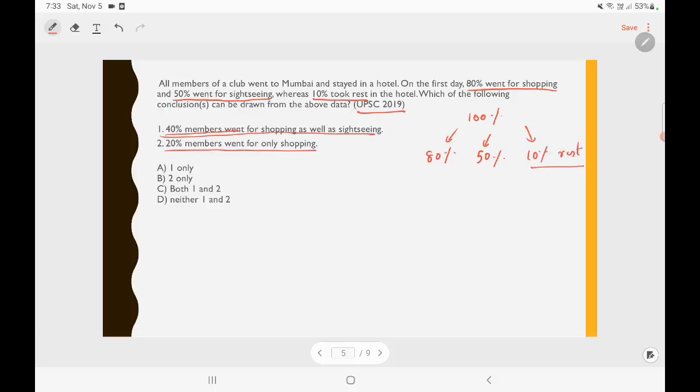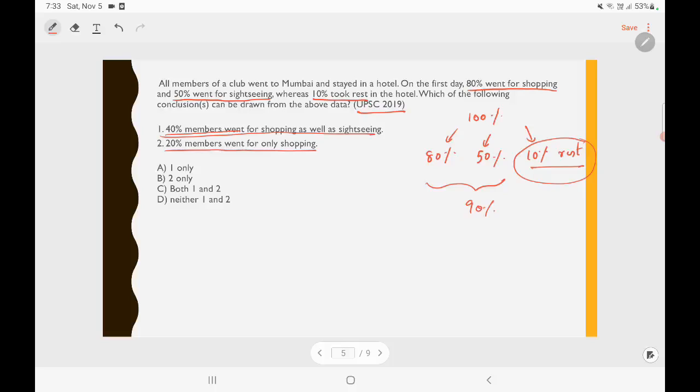This rest is important, because out of the 100%, 10% took rest. That means they didn't go for sightseeing or shopping, they didn't go for anything, they just took rest in the hotel. So the rest of the persons, that is 10%, took the rest, and the remaining is 90%, right? So this 90% people went out.